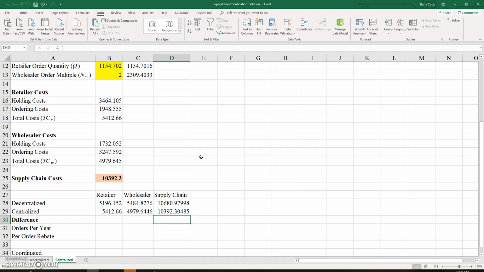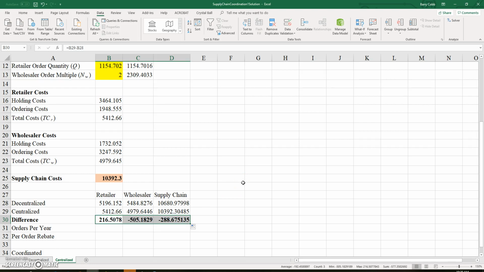On the row labeled Difference, we'll calculate the difference between the centralized mode and the decentralized mode. Centralized minus decentralized. Copy this to the wholesaler and supply chain column.